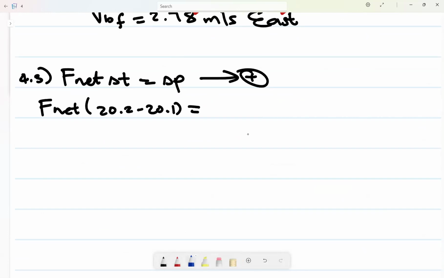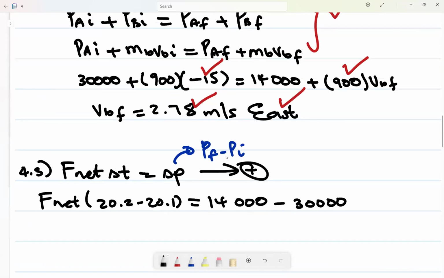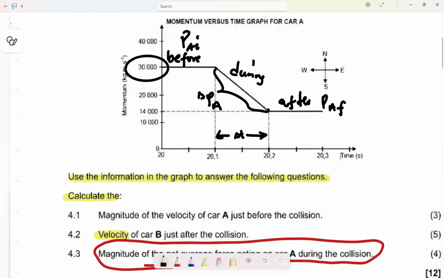Now remember what is changing in momentum. It is P final minus P initial. Then I get P final, it is 14,000. You remember from the graph, minus 30,000, it is initial. Let us remember, rewind very well. Final is 14,000. Initial is 30,000. Therefore, the answer that I'm expecting should be negative. Why?